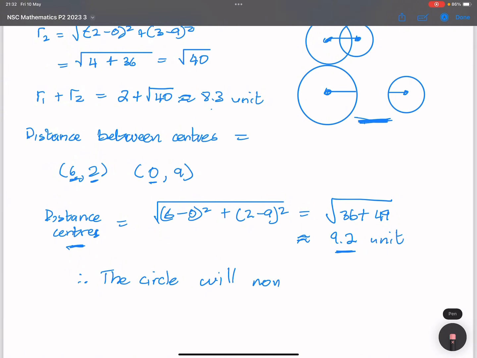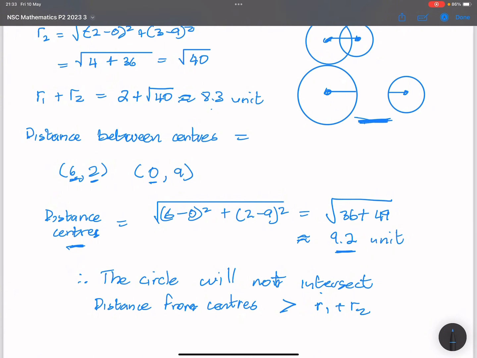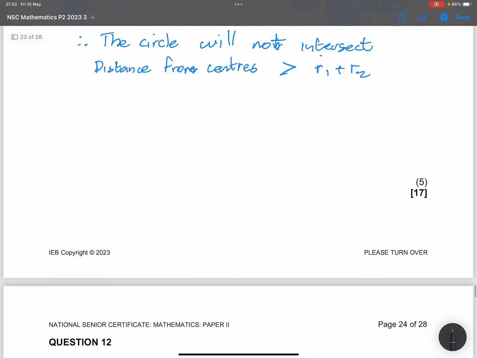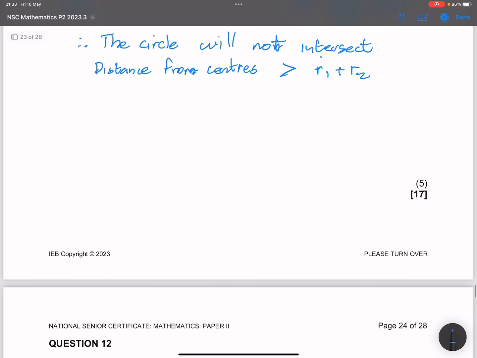And the reason for that is the distance between their centers is greater than the sum R1 plus R2, the sum of their radii. Ladies and gents, that is how this question ends. Let's move on to the next one.